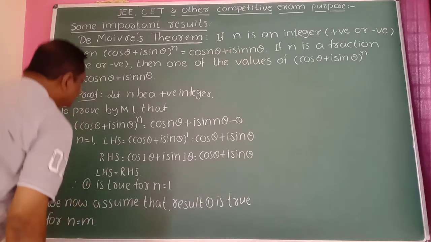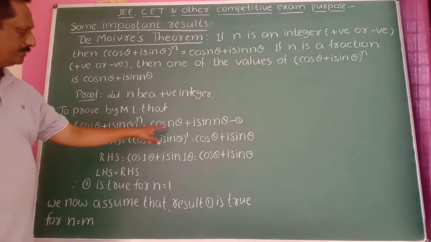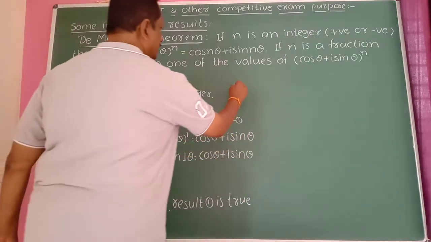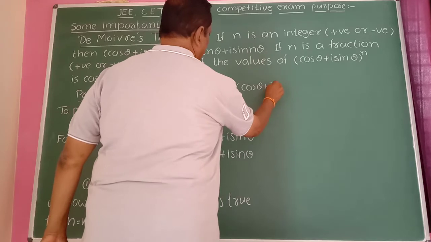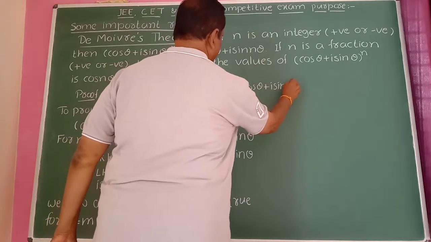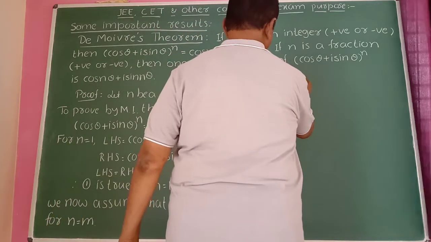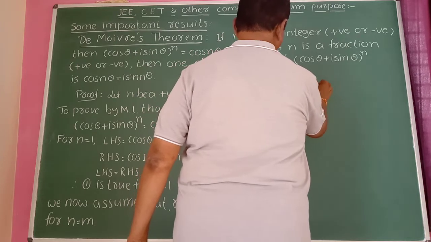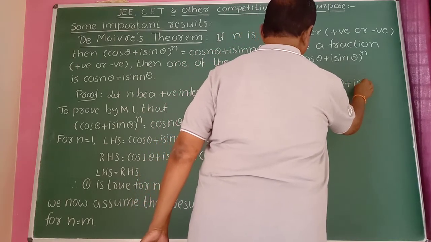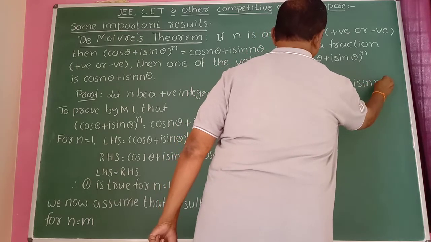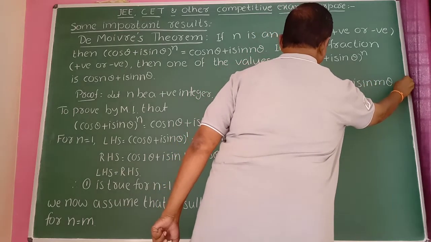Just replace n by m here. Therefore, cos theta plus i into sin of theta raised to m is equal to cos of m theta plus i into sin of m theta. Take this as result number 2.